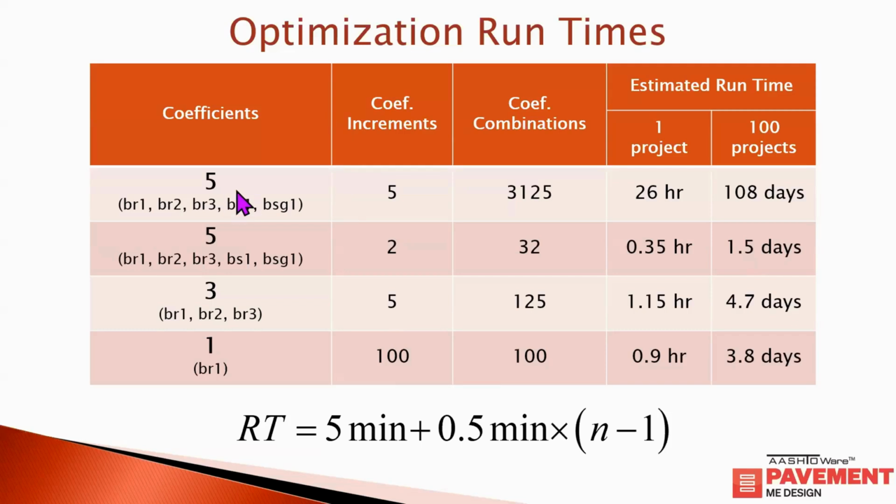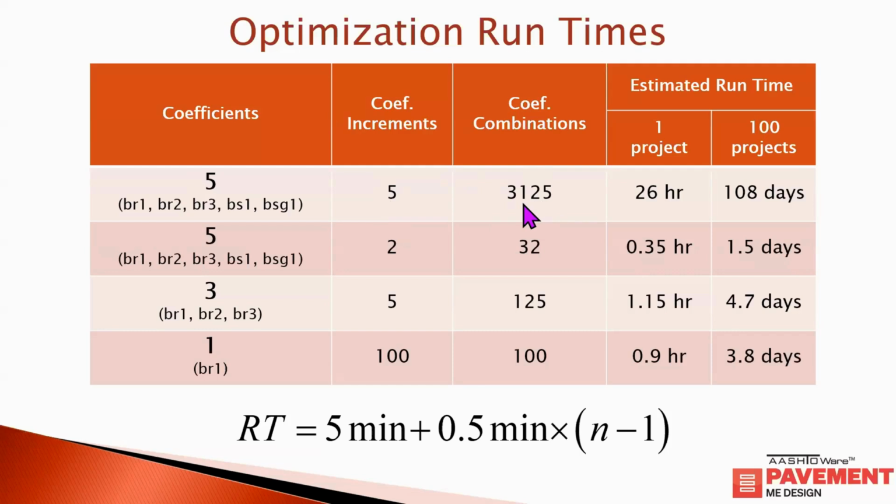Say we have 5 coefficients we're adjusting at the same time. I wouldn't recommend that. And each coefficient has an increment of 5. So you could basically take the number of increments to the power of the number of coefficients, 5 to the 5th power. And that's 3,125 possible combinations.